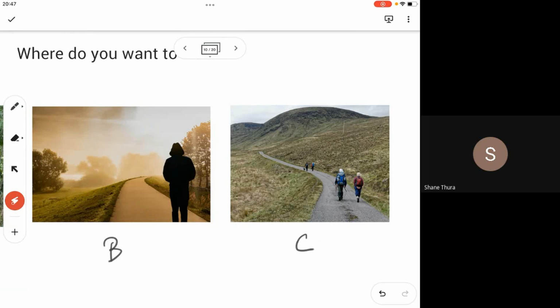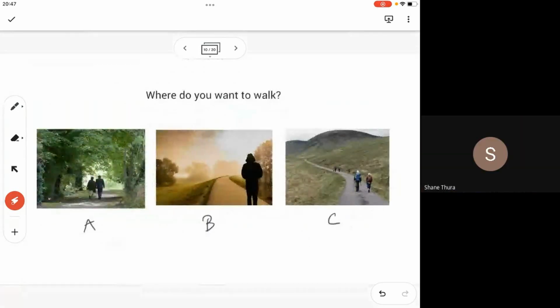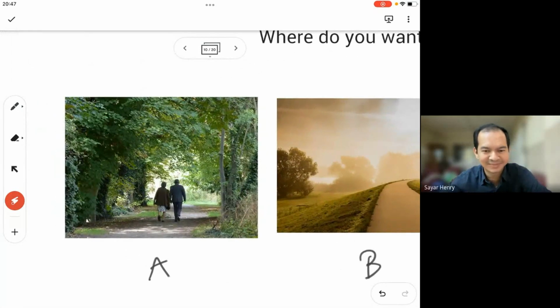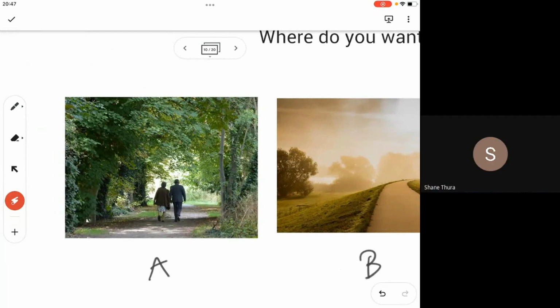It's quiet, but I don't like that place. I like trees. So what about here? There are lots of trees here. Yeah, lots of trees, but the road is not that clean. It's a little bit sunny.